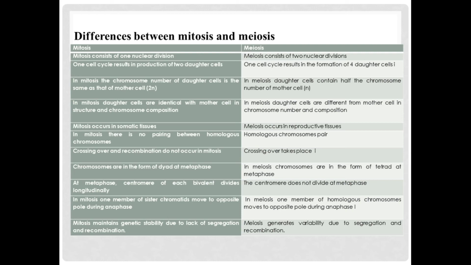In mitosis, the chromosome number of daughter cells is the same as that of the mother cell, that is diploid. In meiosis, daughter cells contain half the chromosome number of the mother cell, that is haploid. In mitosis, daughter cells are identical with mother cell in structure and chromosome composition, whilst in meiosis, daughter cells are different from mother cell in chromosome number and composition.